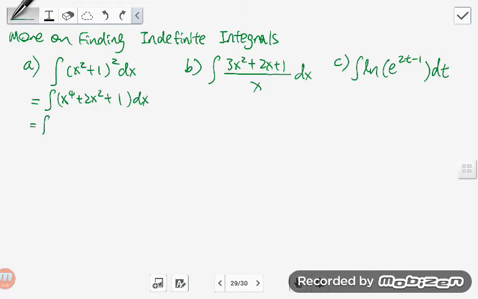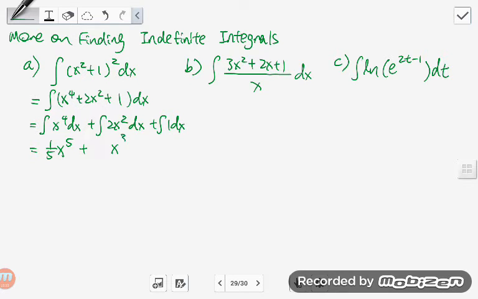So now I can find the indefinite integral of the respective term, which is a lot easier than what I had before. So what do I differentiate to get x to the power of 4? That will be x to the power of 5 with a 1 over 5 in the front. What do I differentiate to get 2x squared?